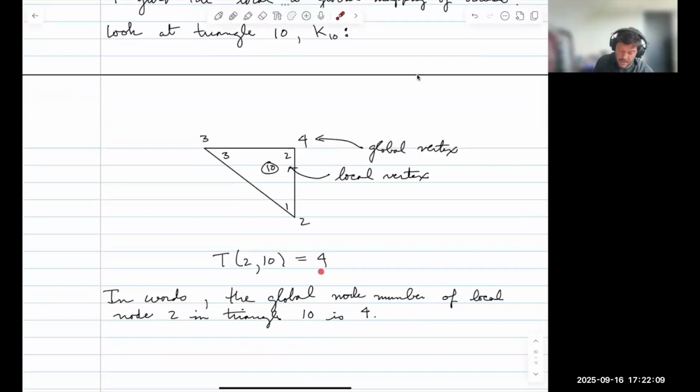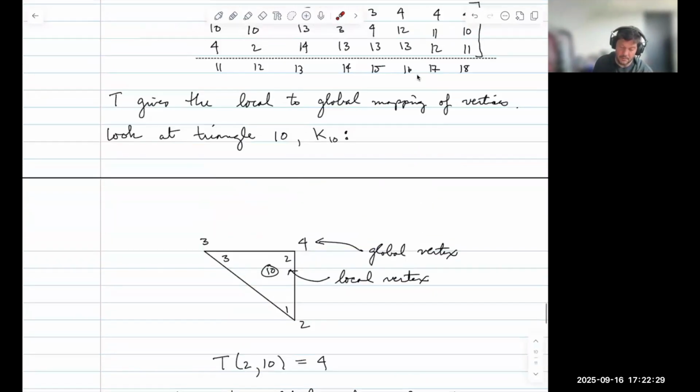That tells me that local number 2, vertex or node 2 in triangle number 10, is global number 4. So this tells us how you map back and forth between local nodes and global nodes. This is what we call the local to global mapping matrix.